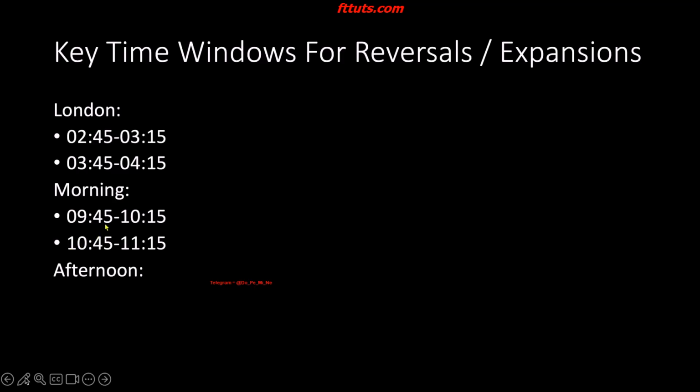So it engineers liquidity on both sides of the marketplace for at least an hour, and then manipulates to one side of the marketplace, traps people into believing that's going to go one way, and then from around 10:45, a low or high will form, and the market will begin to expand outside of that range.